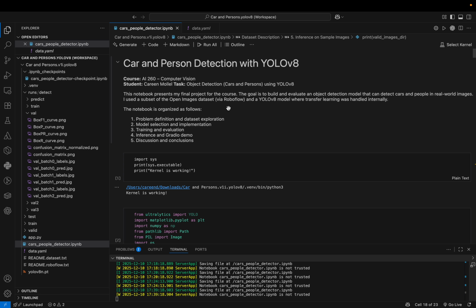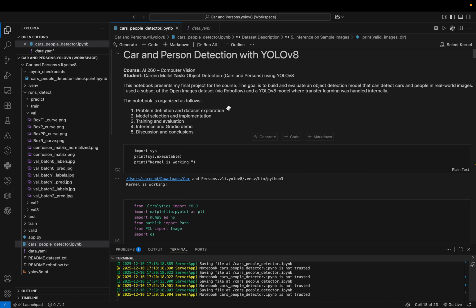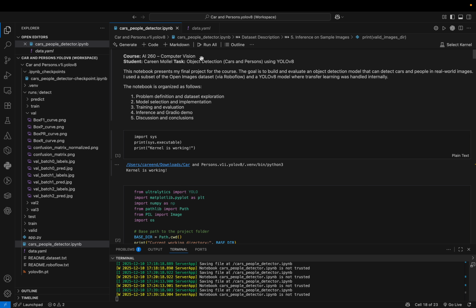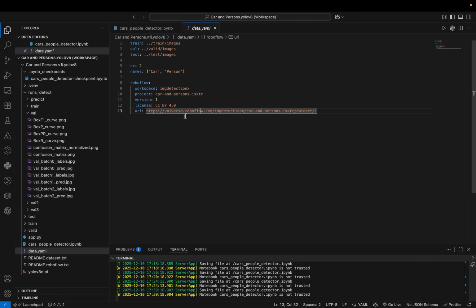I used a curated subset of Open Images Dataset from Roboflow. The dataset has two classes, car and person, and it's split into training images, validation images, and test images.